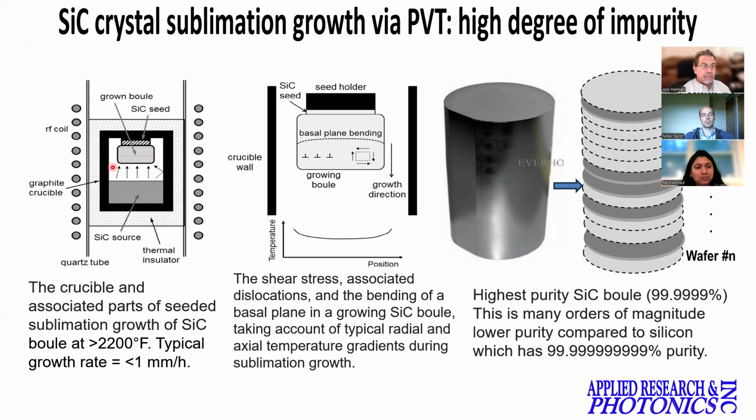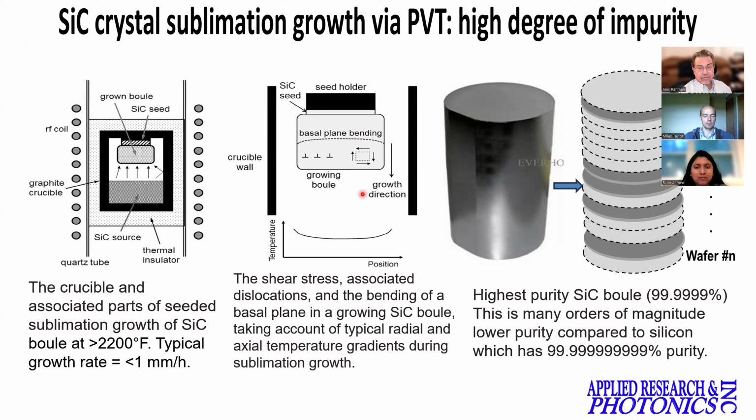Because of that process, these coils around them are the induction heater. So there is a temperature gradient. There is a temperature gradient along the radius, also a temperature gradient along the axis. Both of them have certain effects. And then the basal plane bending. As they grow, there is a thing called basal plane bending.